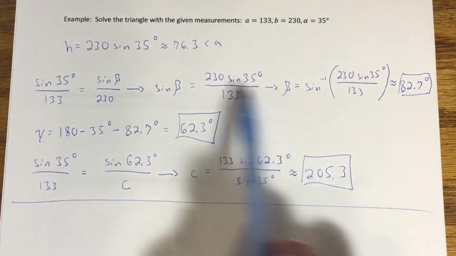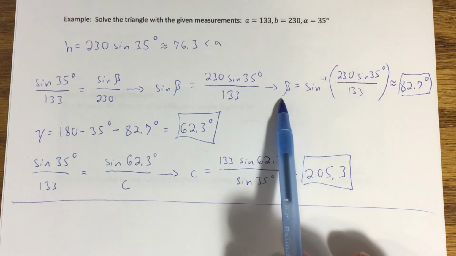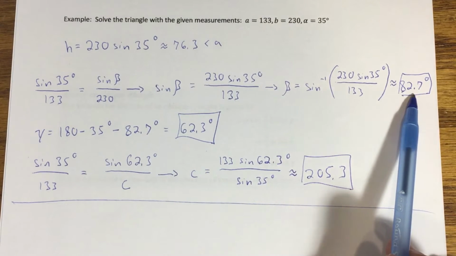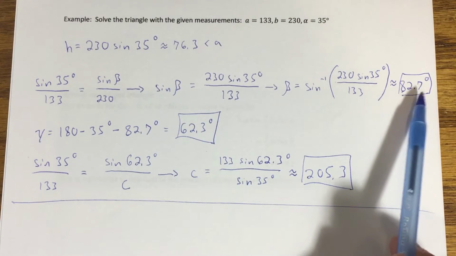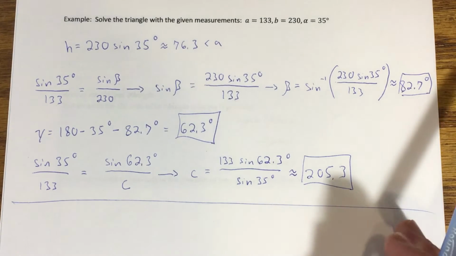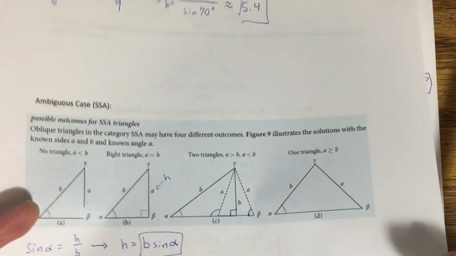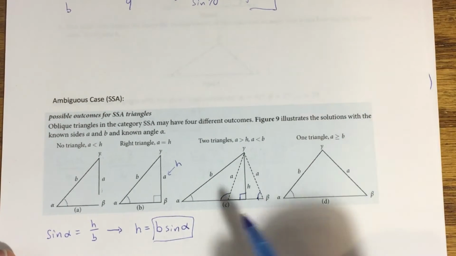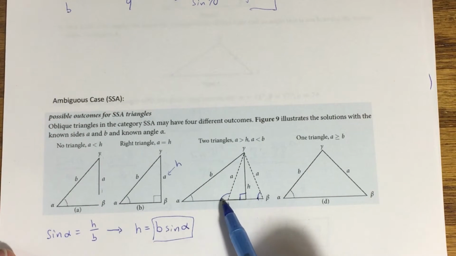What that means is that in one of these law of sines problems, this step can only give you angles between 0 and 90 degrees, angles in the first quadrant. That means we have to come up with some other way of determining what this angle should be.